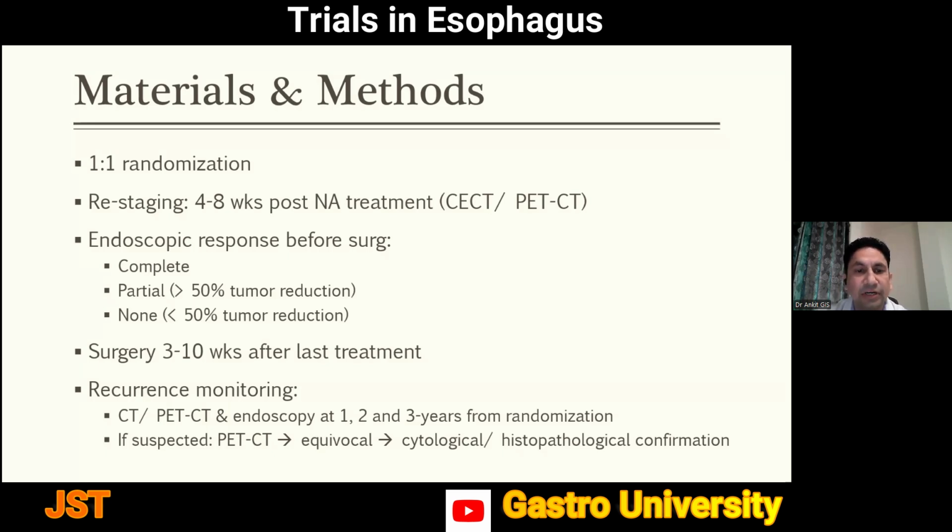Surgery was done 3 to 10 weeks after last treatment, and recurrence monitoring was supposed to be done with CECT or PET-CT and endoscopy at 1, 2, and 3 years from randomization. If a recurrence was suspected, PET-CT was done, and if the results were equivocal, a cytological or histopathological confirmation was sought.